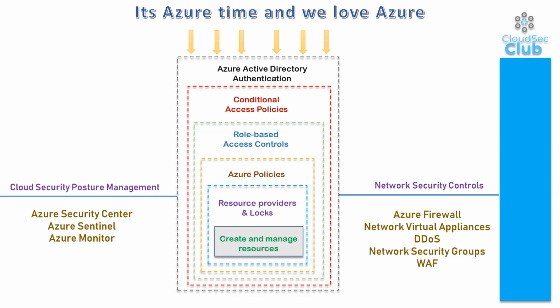And before winding up, I would just like to put a note on using a third party or vendor solution versus using Azure capability. My personal opinion is if it is a single CSP that you are using like Azure, you should prefer to go with an Azure security solution.